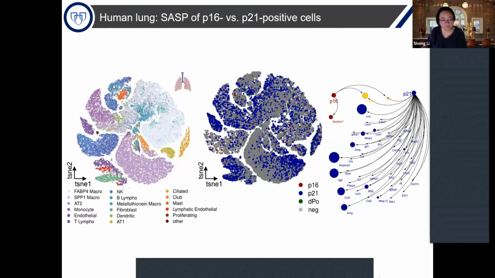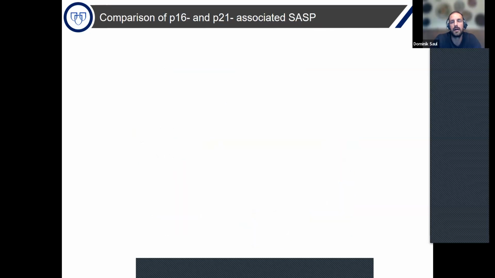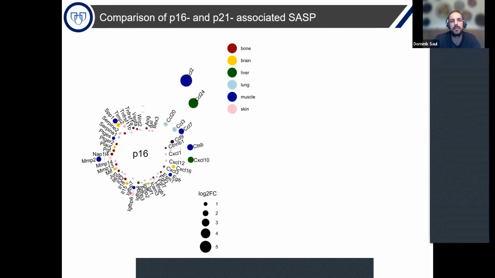Thank you. Okay, so the whole secretome for the human lung still looks P21 has a lot, P16 not so much, very few overlap. So to summarize all of this, we compared the P16 and P21 associated SASP throughout all the tissues. And again, the circle size marks the log2-fold change.